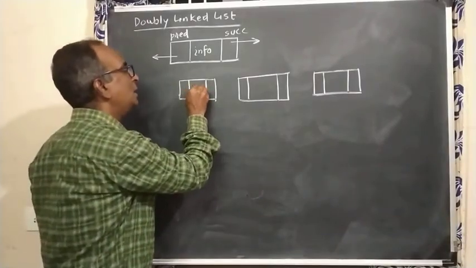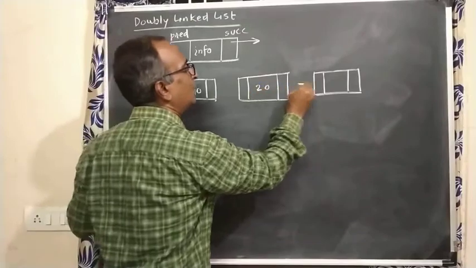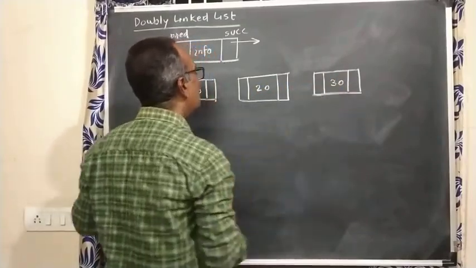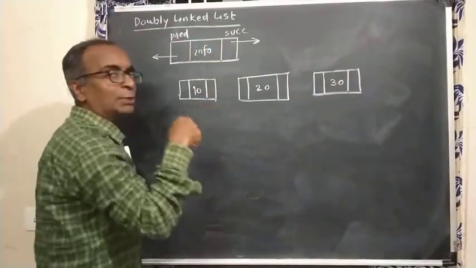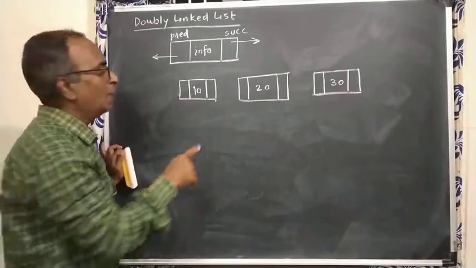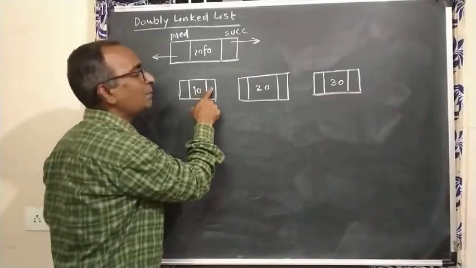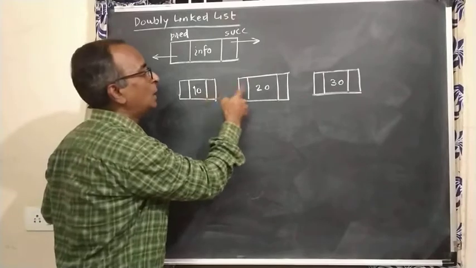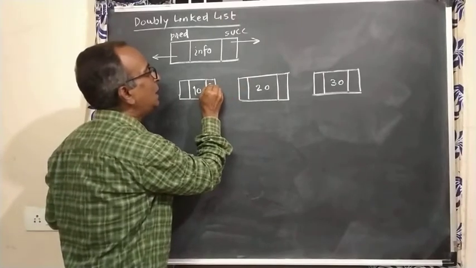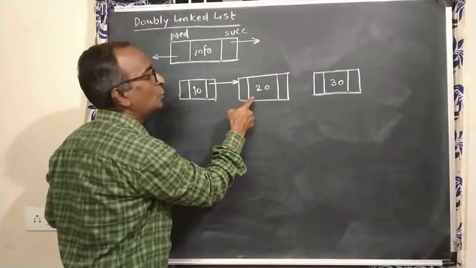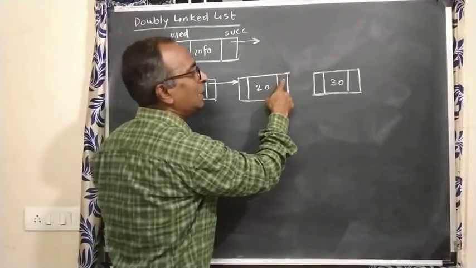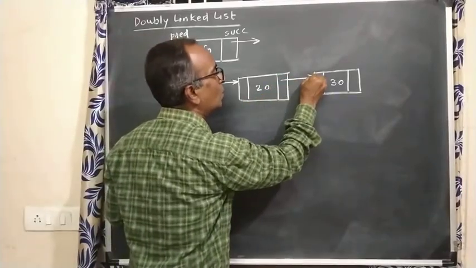Some information fields I'll give; any information field you can give. See, successor points to its successor. Now this node's successor field is this, where it points to the next node. So this field contains the address of this node. This field contains the address of the successor node.